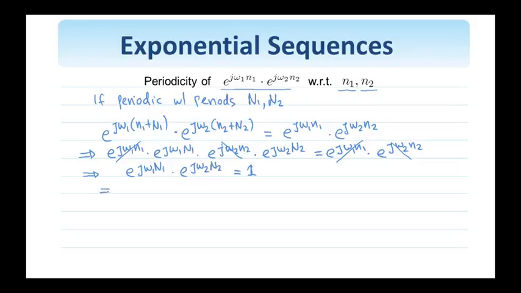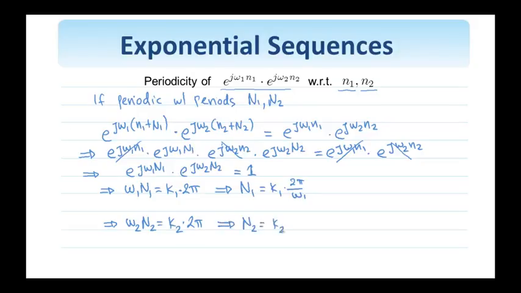And from this, I should have that omega 1 capital N1 is an integer multiple of 2 pi, and that omega 2 capital N2 should be an integer multiple of 2 pi with another integer here, right? So therefore, from here, capital N1 is equal to k1 2 pi over omega 1, while capital N2 should be equal to k2 2 pi over omega 2.